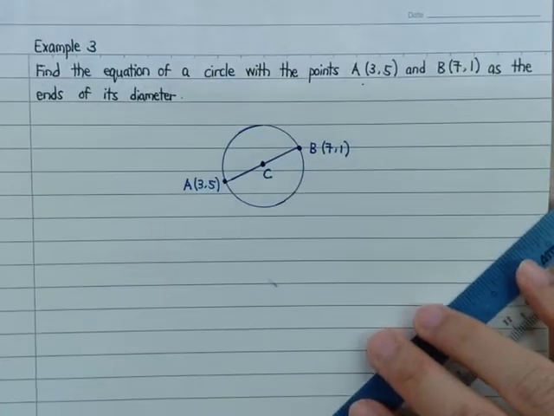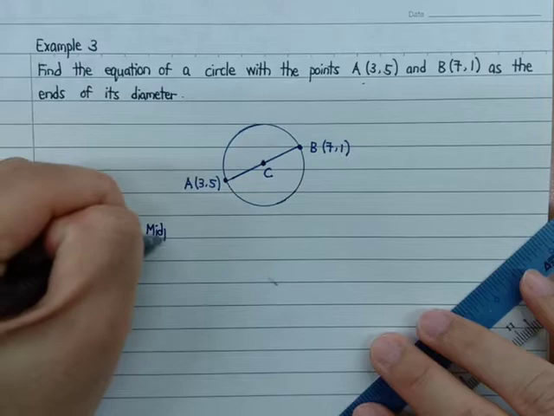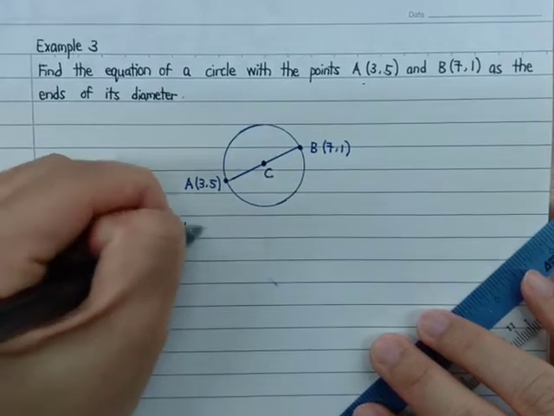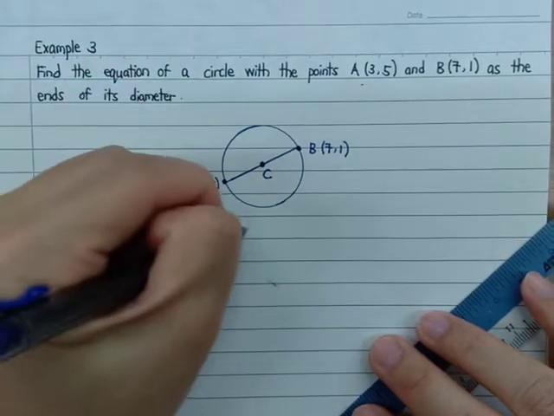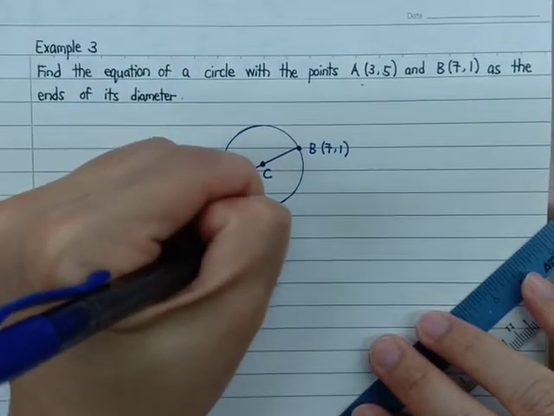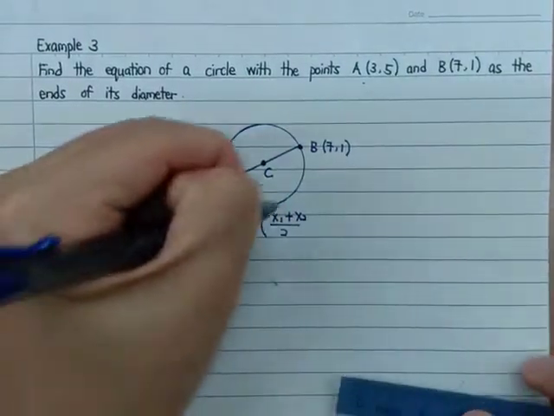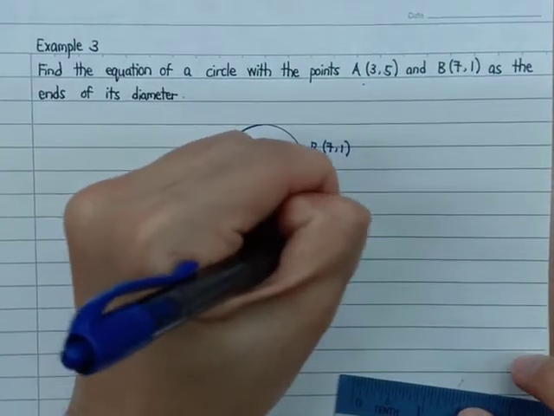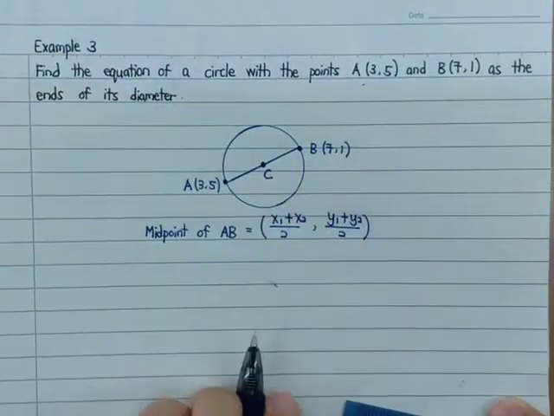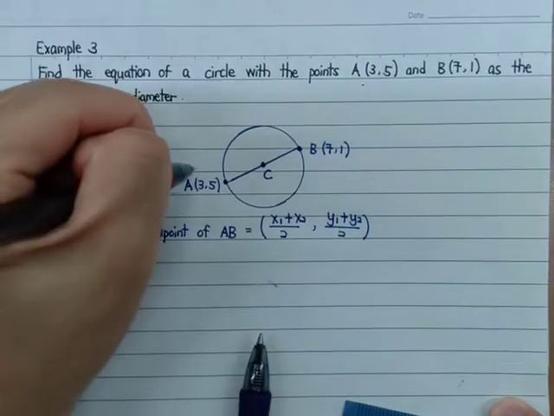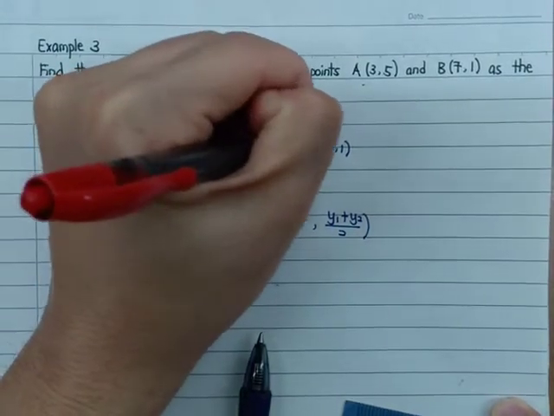So now, the formula for the midpoint, let's say the midpoint of AB, is equal to (x1 plus x2 over 2, y1 plus y2 over 2). If I label the point A as x1, y1, here should be x2, y2.